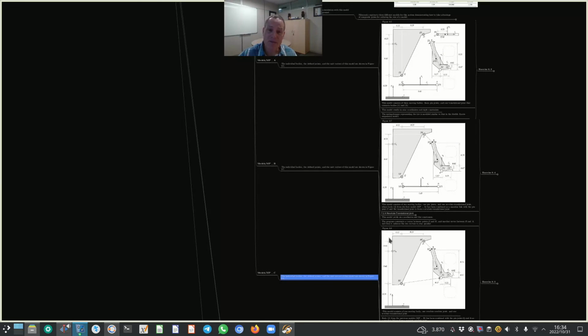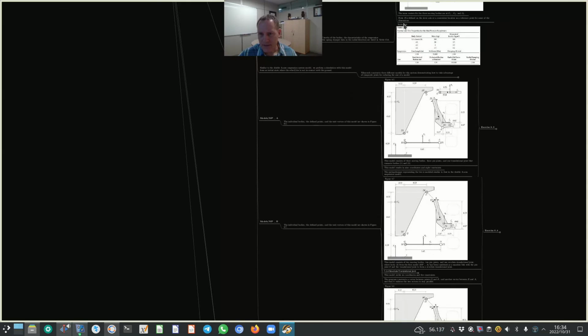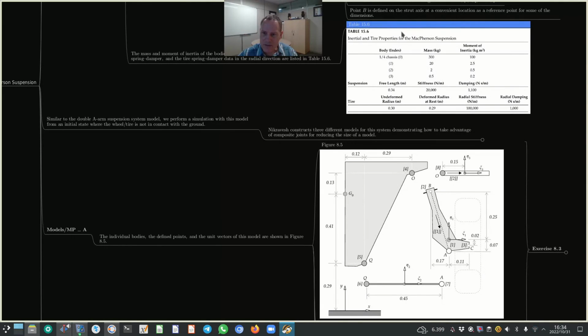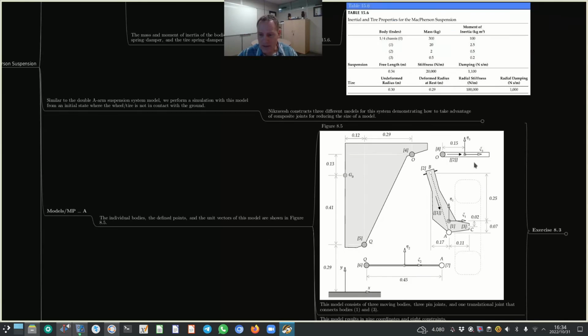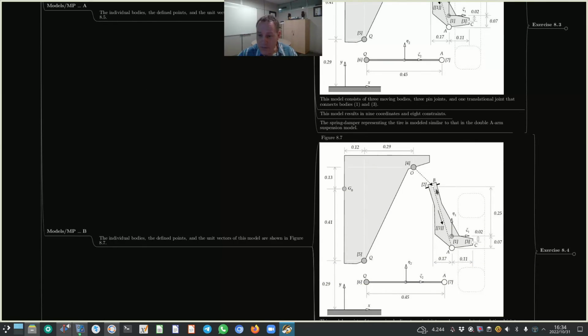So let's end off this lecture by comparing the results of the 3 exercises that we spoke about in lecture 5. Okay, so just referring you back to table 15.6. Now, body 3, this body over here, has a weight of 0.5 kilograms. In exercise 8.4, we've removed that body and replaced it with a revolute translational joint.